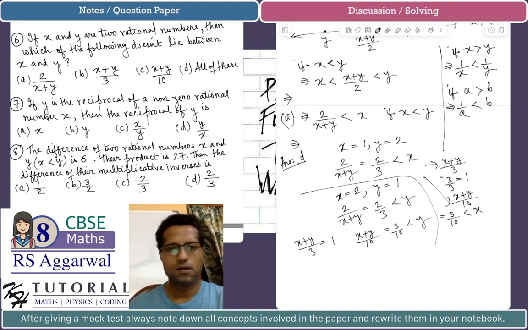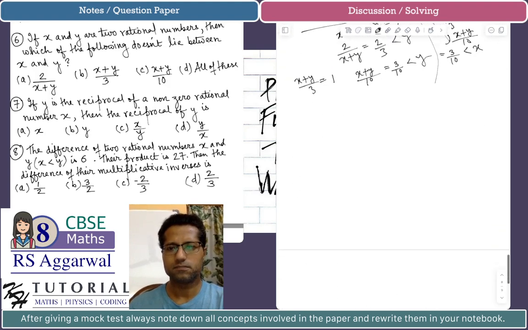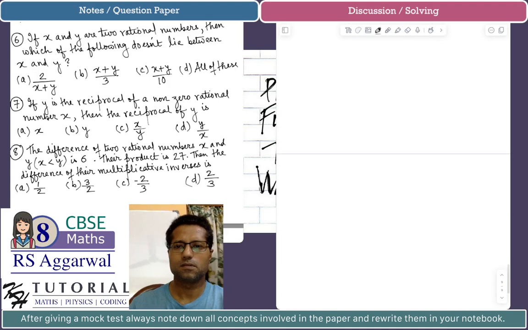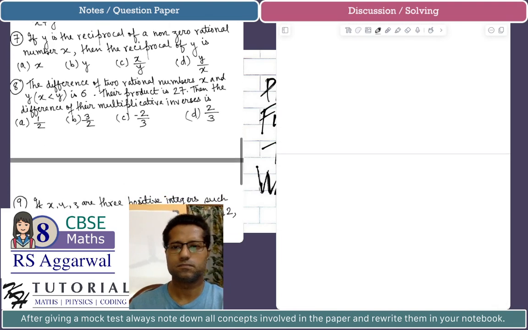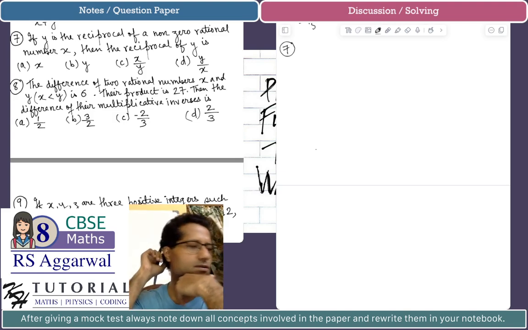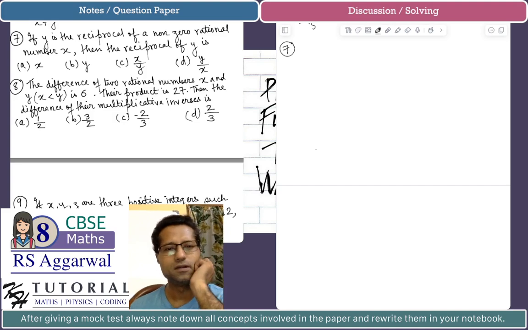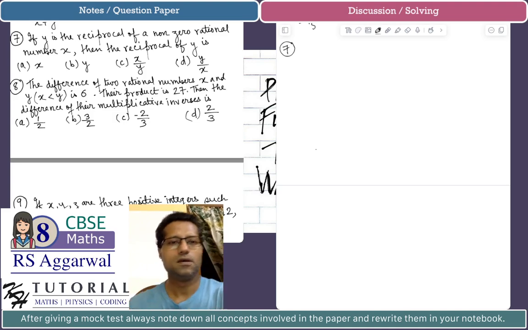Okay, let's do problem number 7. If y is the reciprocal of a non-zero rational number x, then the reciprocal of y is, what?